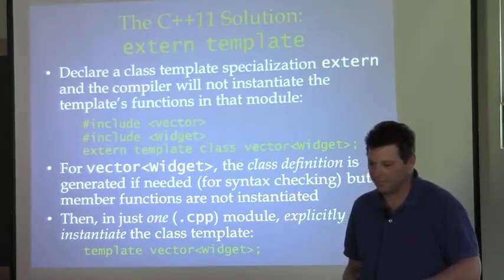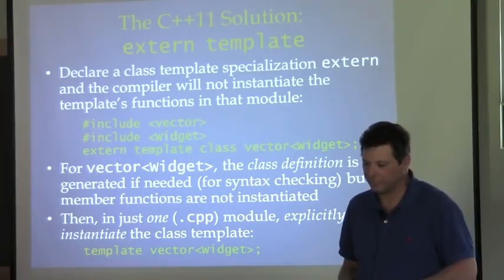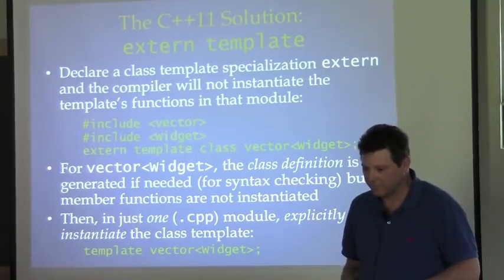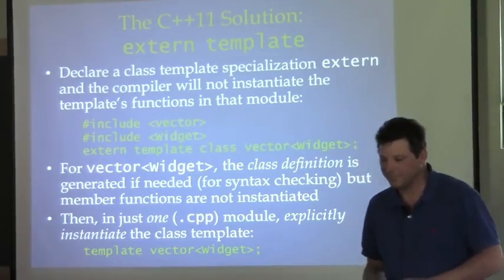And it's okay for people to see the definition of vector, and then that extern says, no, I'm not going to have the compiler instantiate it in any translation unit that includes vector. And then when you use that final one, it overrides the extern and says, oh yes, go ahead and do it. And it does so in its own section, and it does so with a weak symbol. So it's just as if it had done it in everybody's translation unit, but it does it in the one. That's how I believe it's supposed to be used.